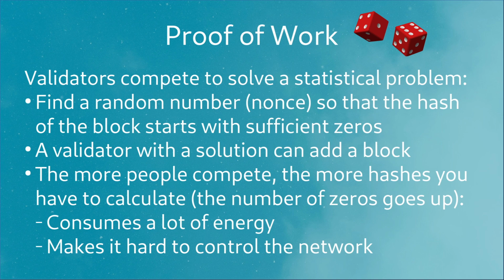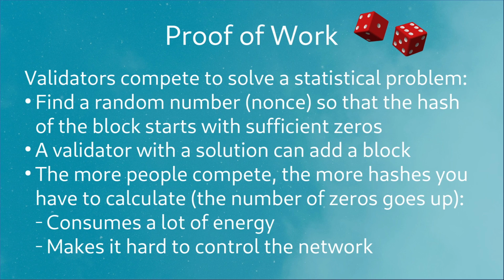If a validator finds a nonce so that the hash of the block is valid, he can send the nonce and the block to the other validators. The other validators can calculate the hash of the block with the nonce, verify that the hash starts with sufficient zeros, and then they accept the block and they add it to the network.